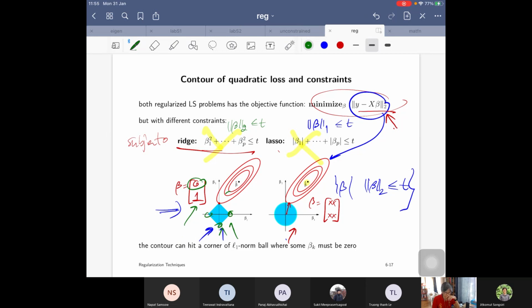On the other hand, for the L2 norm, it's more likely that when you hit the 2 norm ball, that corresponds to a non-zero solution.